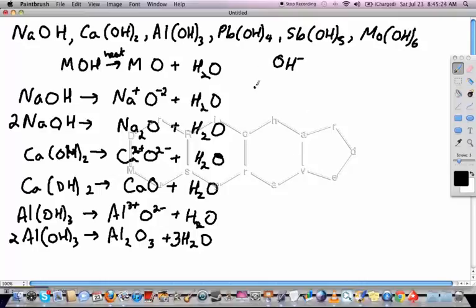This is the lead. We've already decided that lead has a +4 charge here, -2.